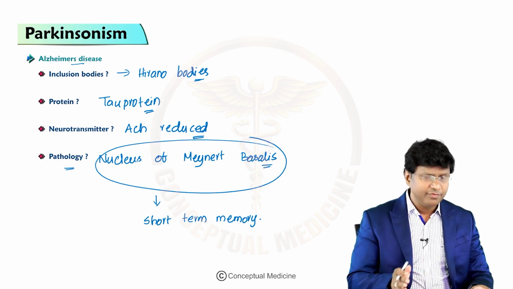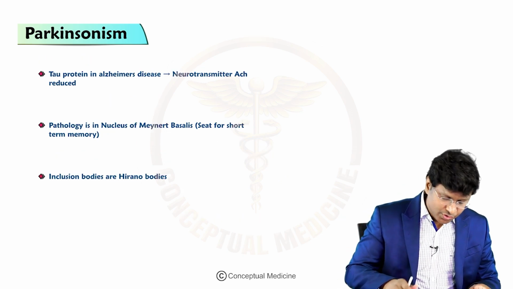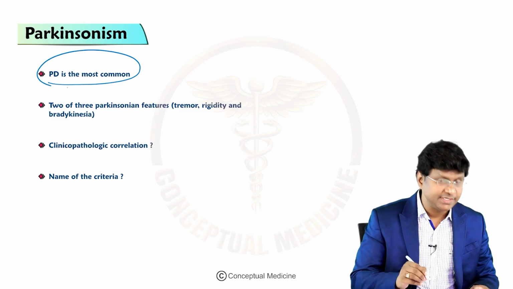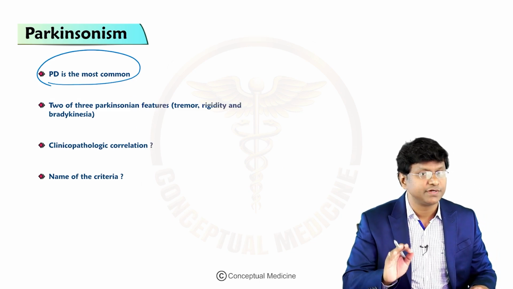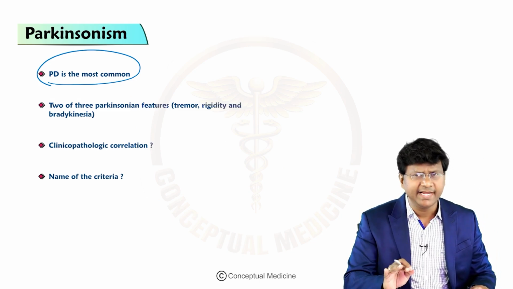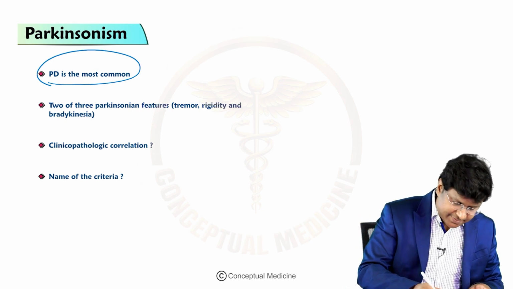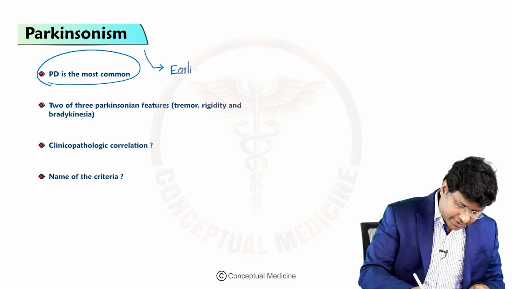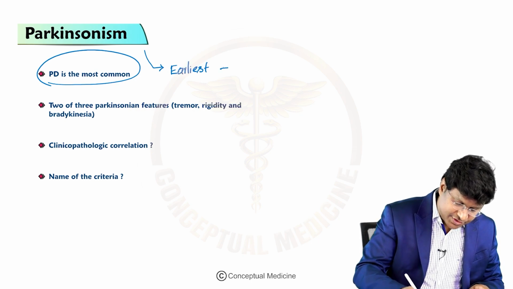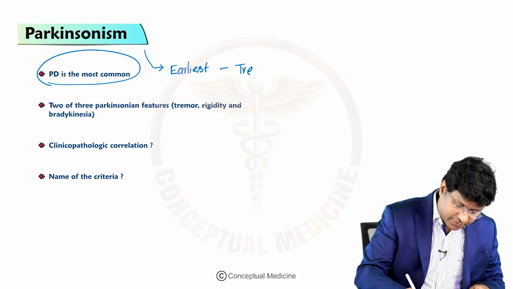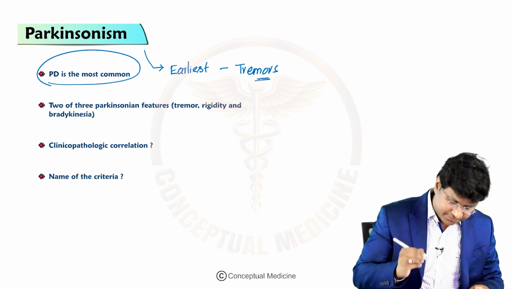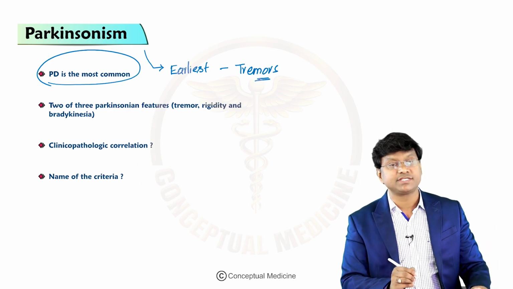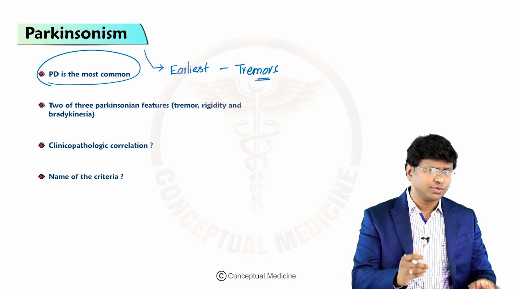Right, now we will go back to Parkinson's. So what did I tell you? Parkinson's disease is the most common cause of Parkinsonism, and the earliest manifestation in Parkinsonism will be tremors.